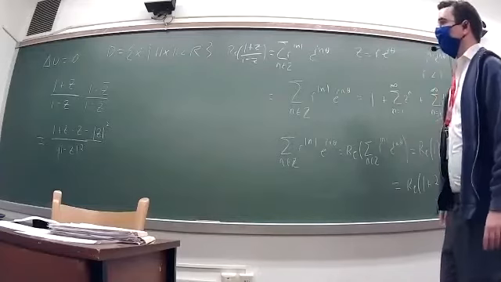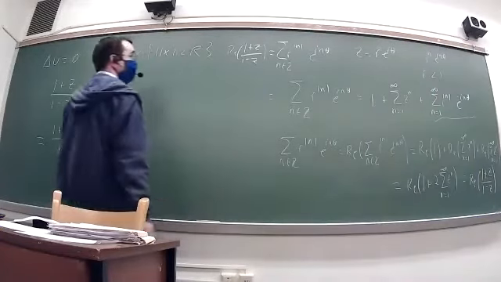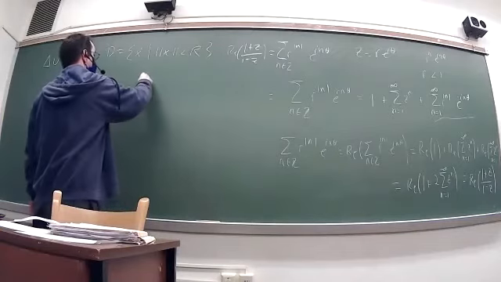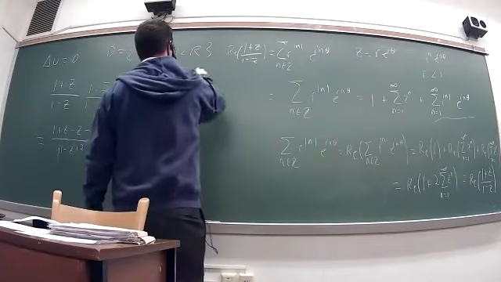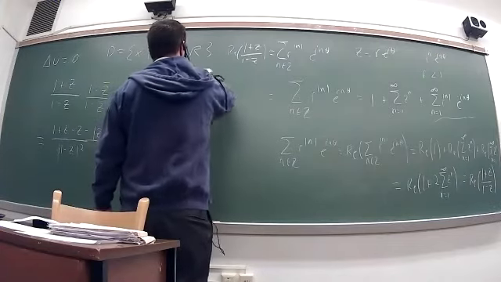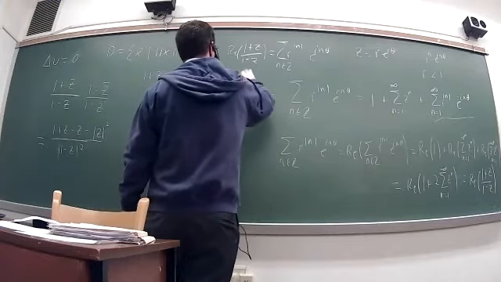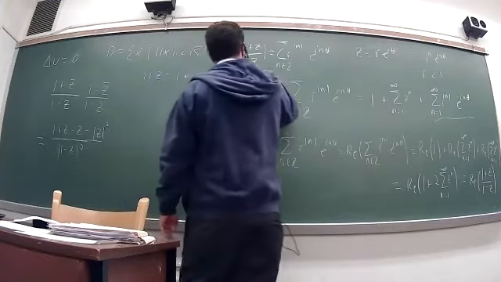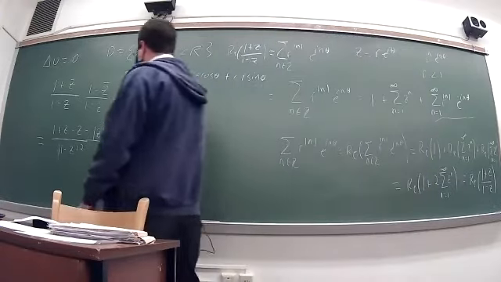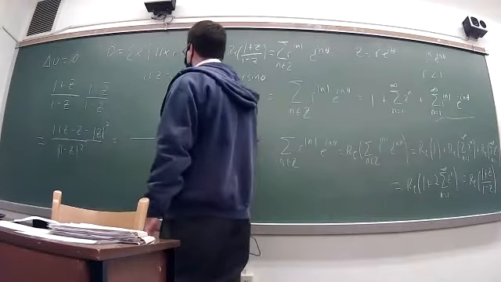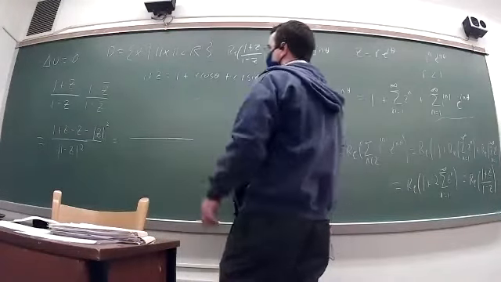And now you can start plugging in, right? So you remember z equals r e to the i theta, and so 1 plus z is going to be 1 plus r cosine theta plus i r sine theta. So on the denominator, you're getting real part squared plus imaginary part squared.